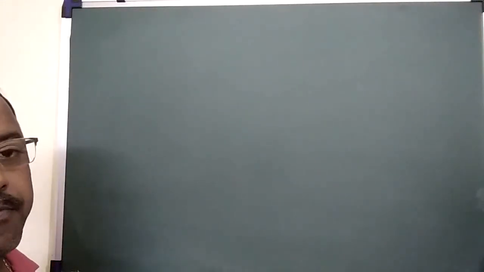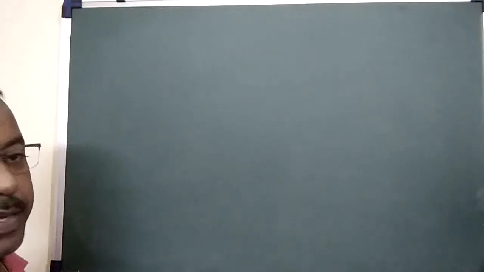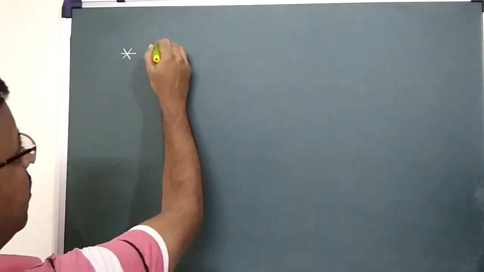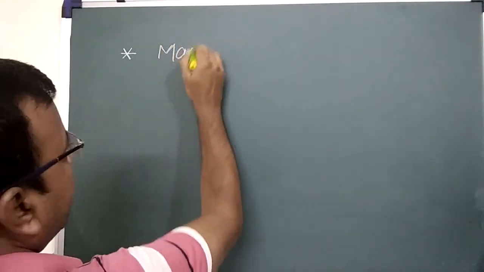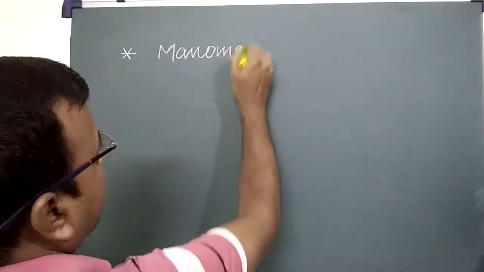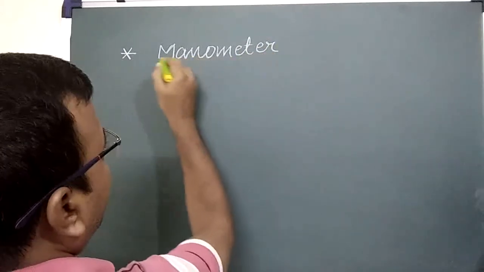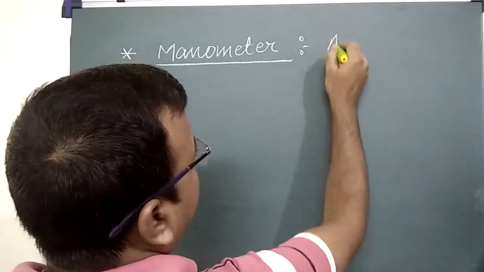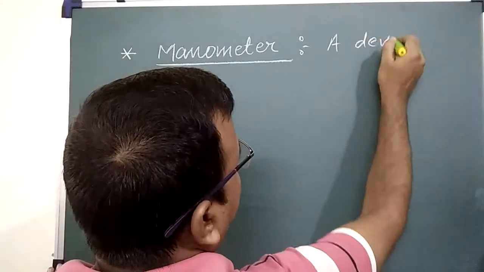Now one more discussion will be useful in Dalton's law of partial pressure. That is a device, the name of that device is manometer. Now what is manometer? First we write the definition.